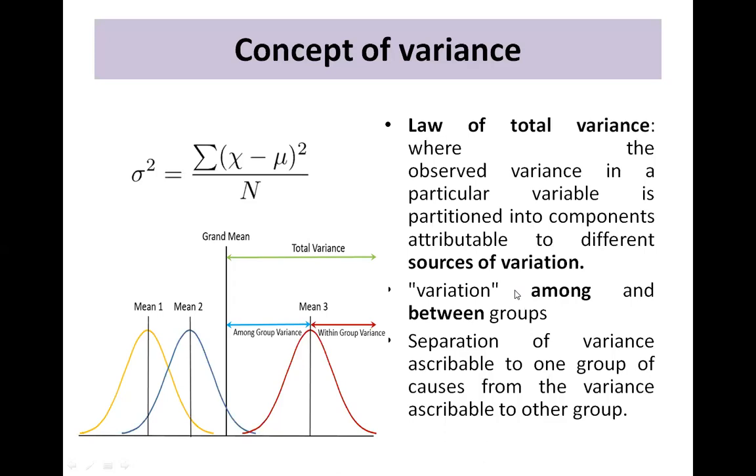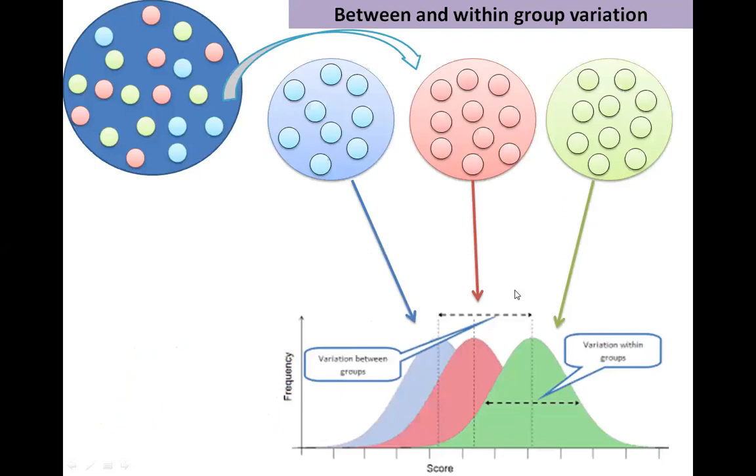The role of a breeder is to separate the variance ascribable to one group from the variance ascribable to another group, and to identify the variance observed between the groups and within the group.